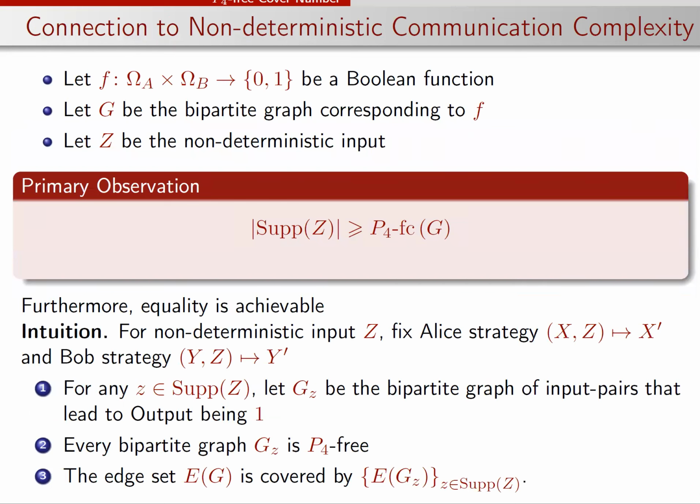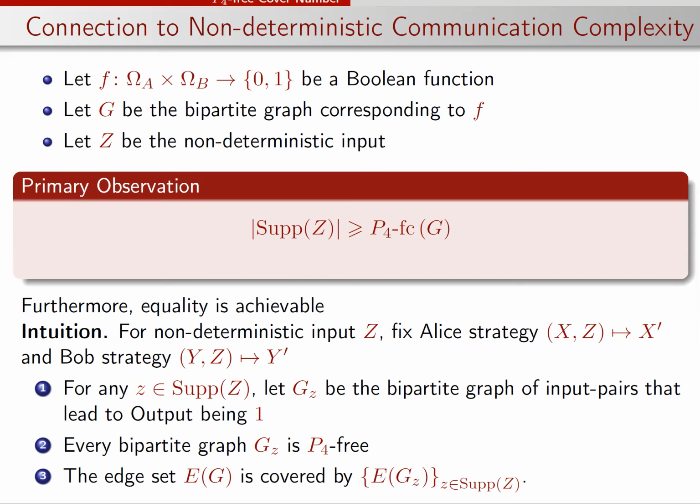So let me show you the connection to non-deterministic communication complexity. We show that the support of the non-deterministic input Z must be at least the P4-free cover number of the bipartite graph corresponding to the Boolean function f. Furthermore, the equality is achievable. So let me give you some intuition. For non-deterministic input Z, fixed Alice strategy and also fixed Bob strategy.